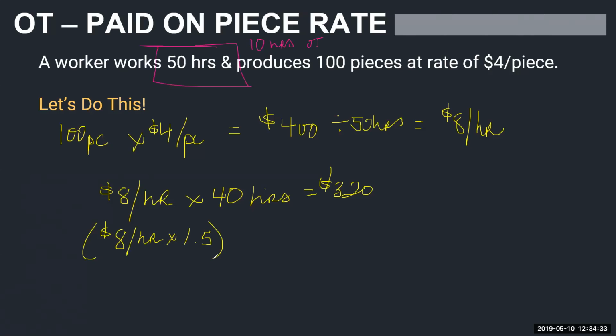I mean, they might because it's still money, but you have to compensate them for that exhaustion. Or you can also just say, what is half of 8, which is 4? And I'll just add that to 8. Either way, it is $12 an hour. That's the overtime value.